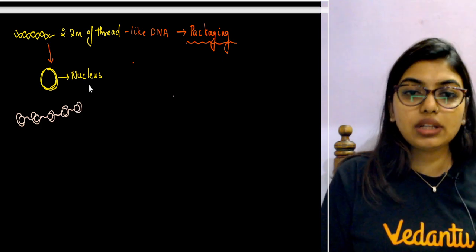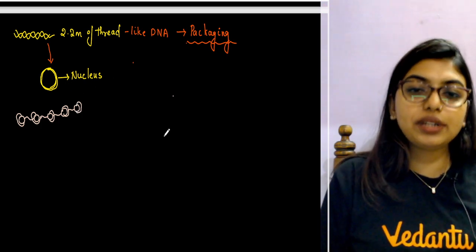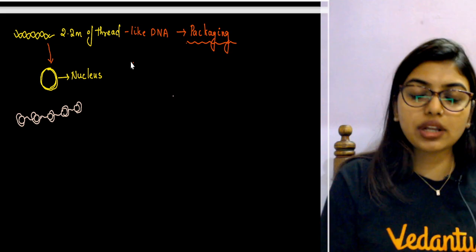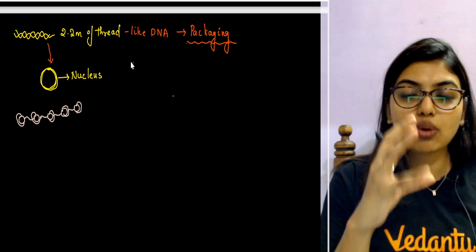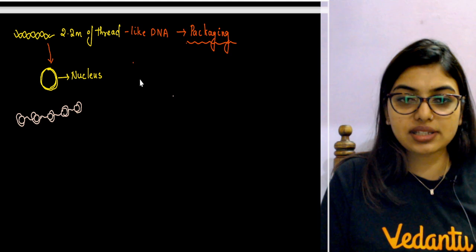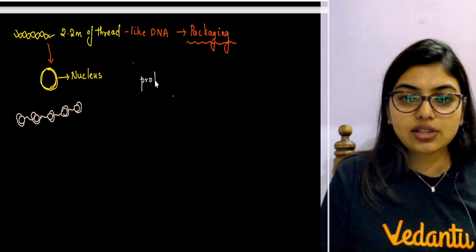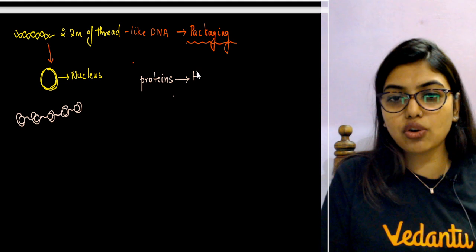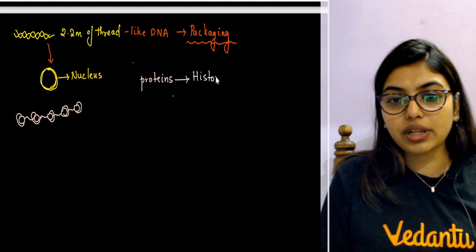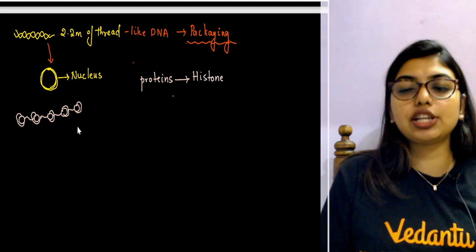Now this 2.2 meter of DNA will be wound around a bead-like or round circular structure made of proteins. There are some exceptional proteins called histone proteins, which help in the packaging of DNA.